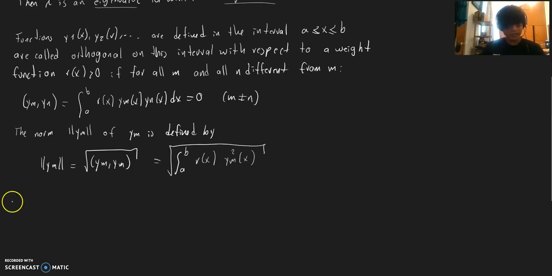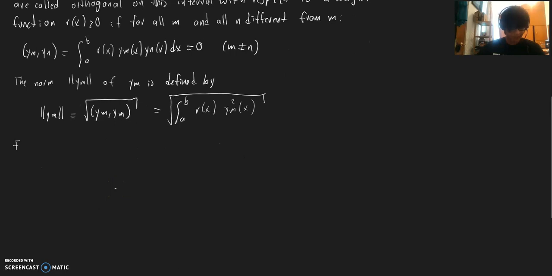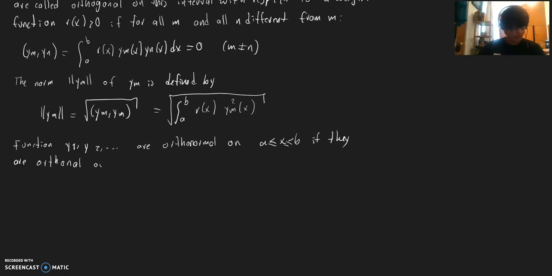So you can now make another definition. Functions y1, y2, etc. are orthonormal on the given interval if they are orthogonal on the given interval and all of these functions have a norm equal to 1.